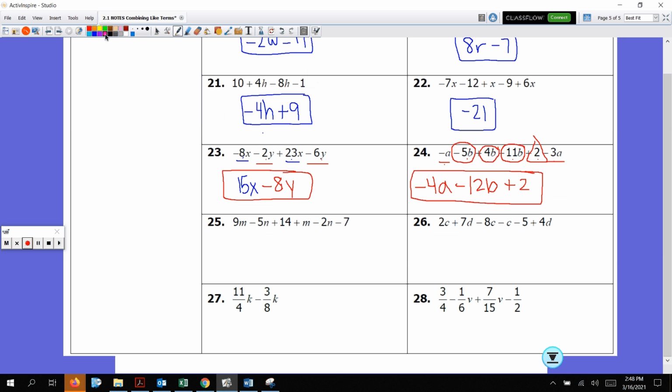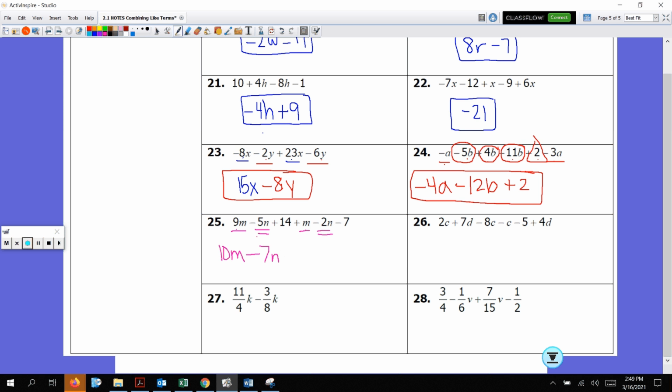All right, 25. Here we go. So we have m's, we got n's, and we have a constant. So let's just start with the m first. 9m, 1m. 9 plus 1 is 10m. Let's do the n's. Negative 5n, negative 2n. Negative 5 minus 2 is negative 7n.